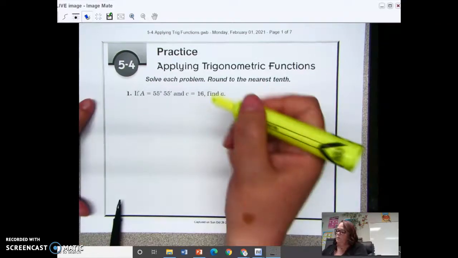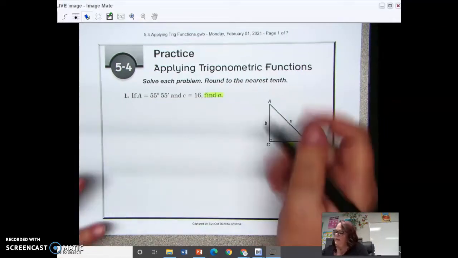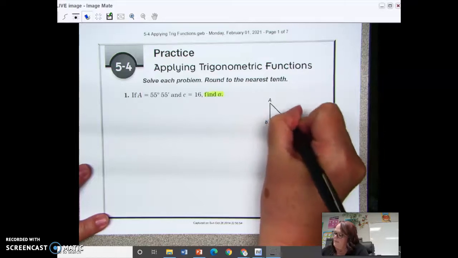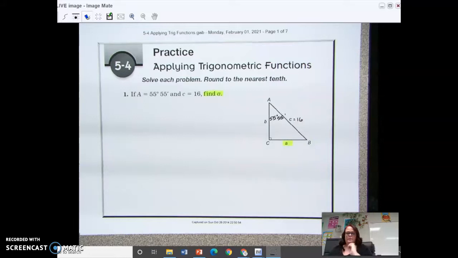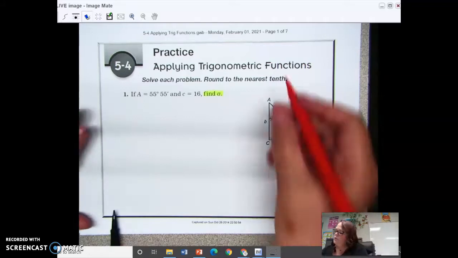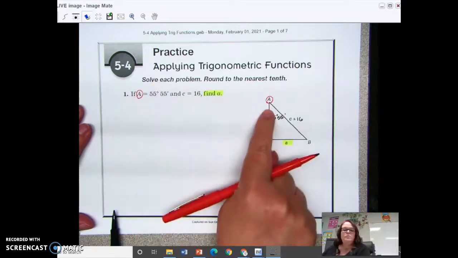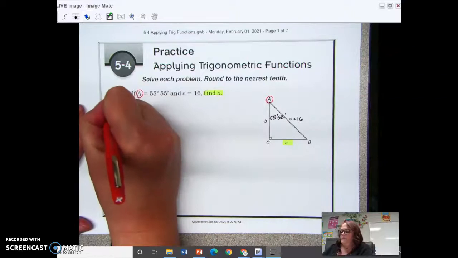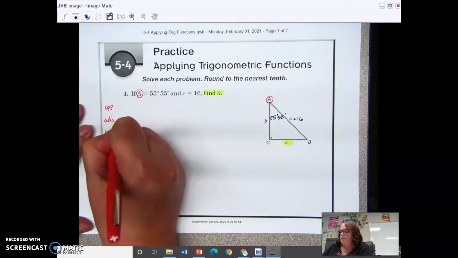So in this case, the question is asking me to find a, and they told me that big A is 55 degrees, 55 minutes, and they told us that c is equal to 16, okay? So what we're gonna do is circle the angle we know about. So we know angle A, so that's what I'm gonna circle. And then we wanna identify what is my opposite, what is my adjacent, and what is my hypotenuse.